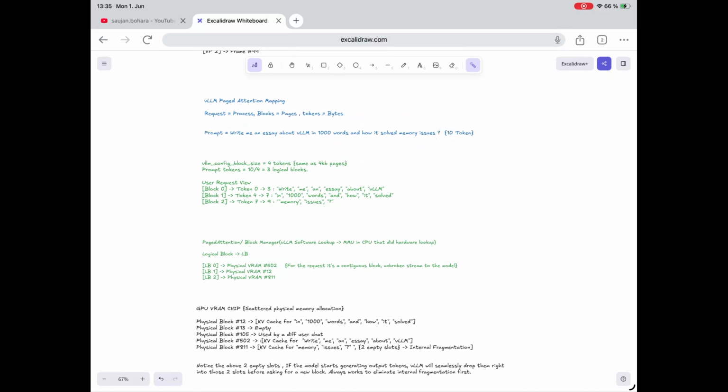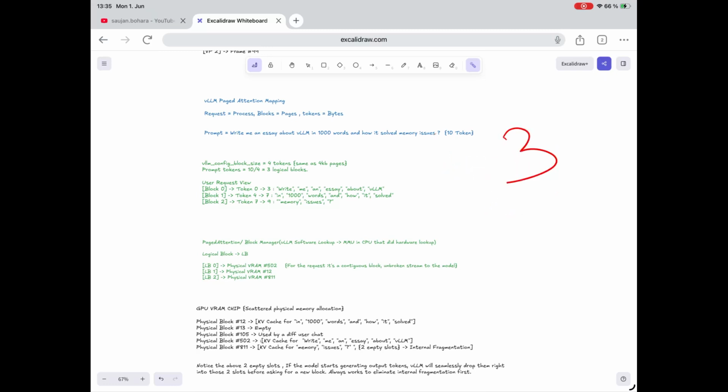That's my user prompt. Assuming that is just 10 tokens, we have this parameter defined here, vLLM config block size. So that is our page table. Let's say we set that to 4 tokens, same as 4 kilobyte pages. So one block can store 4 tokens. That's all.